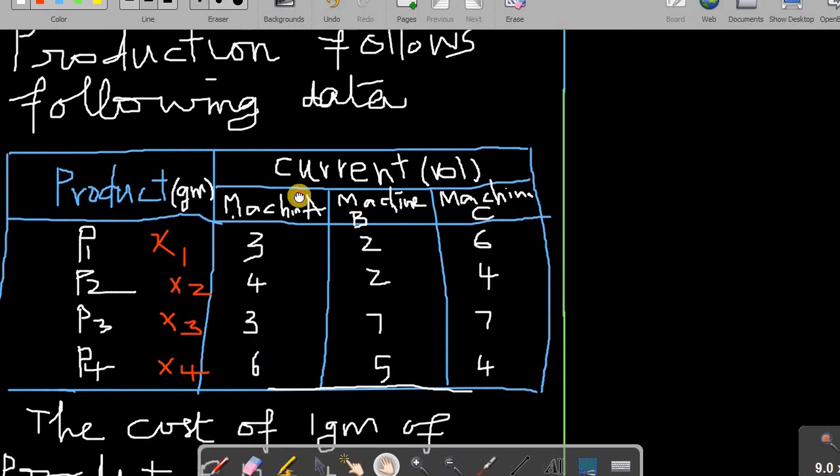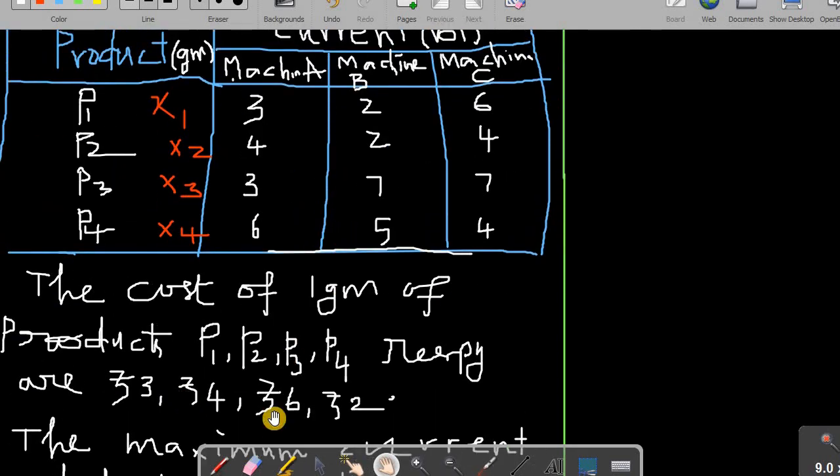To get the objective function, the profit terms are given here. One unit of product 1 gives 3 rupees, one unit of P2 gives 4 rupees, then 6 rupees and 2 rupees.